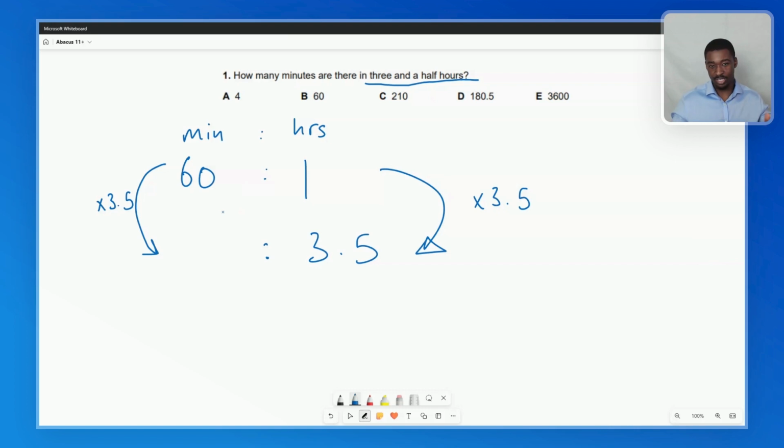Because 6 times 3 is 18, but then it's 60, not 6. So we have 180. And then 0.5 times 60 is 30. It's half of 60. So we have the 180 and then we have the 30. So it should be 210 minutes, which we see is an option right here. So the answer is C.